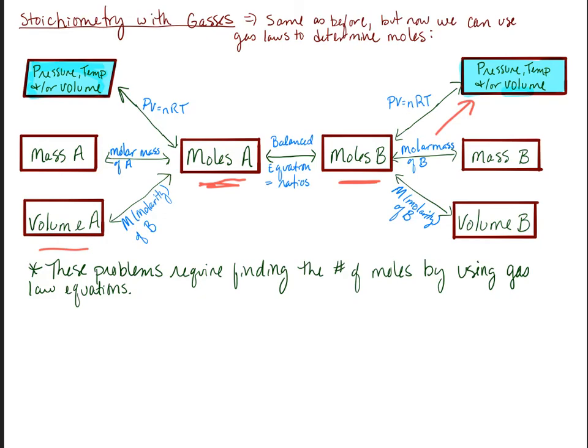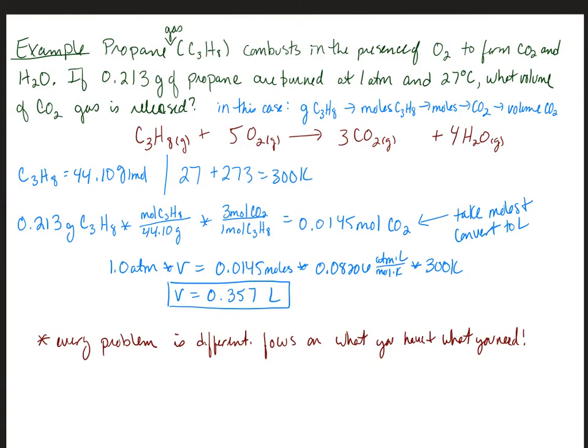So let's try. Here's the example. You're using propane gas, and that combusts in the presence of O2 to form CO2 and H2O. If you're using 0.213 grams of propane, and you burn that at 1 atmosphere of pressure and at 27 degrees Celsius, what's the volume of CO2 gas released?